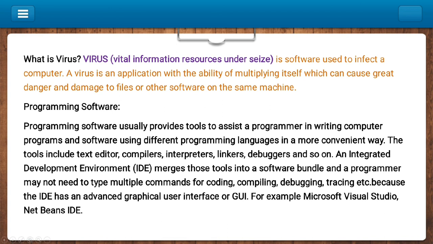You have the compiler to convert the high level language into machine language. You have the interpreter, which works the same way. You have the linkers. The linker accepts the object file which is created by the compiler, and once it does not find any error, the linker software creates the exe file, that is the executable file, so that you can run the software.